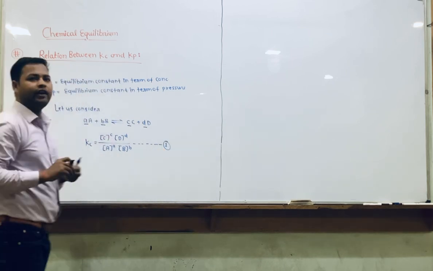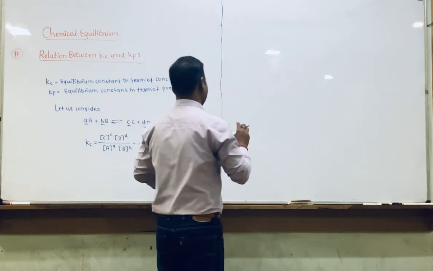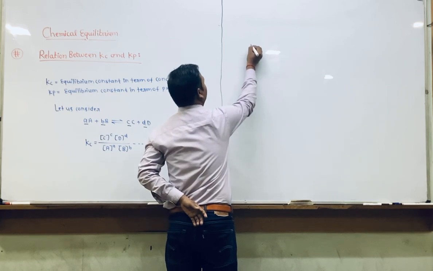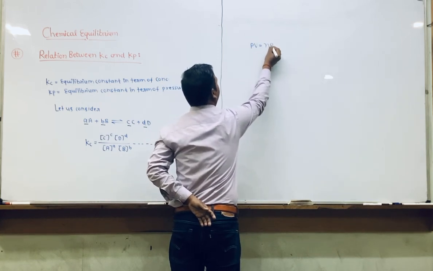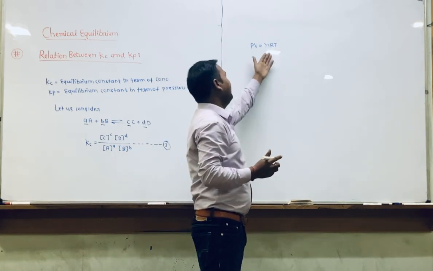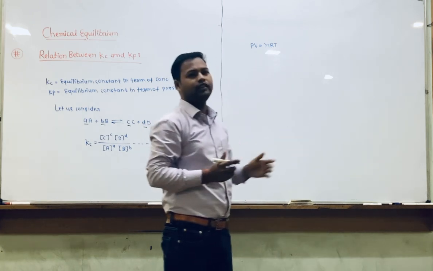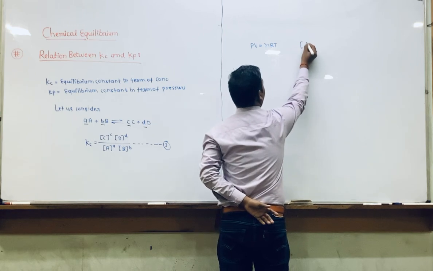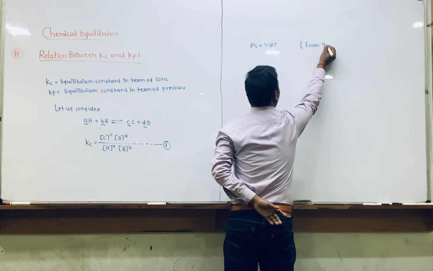As we already know, the ideal gas equation is PV equal to nRT, where P is pressure, V is volume, n is number of moles, R is the gas constant, and T is temperature.